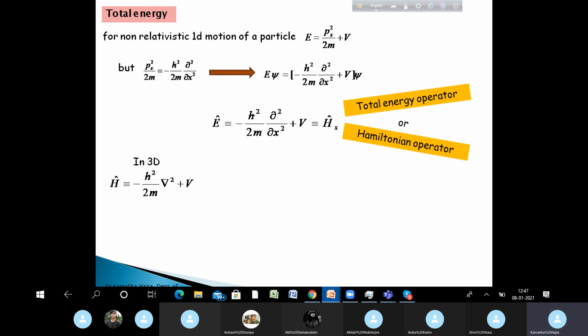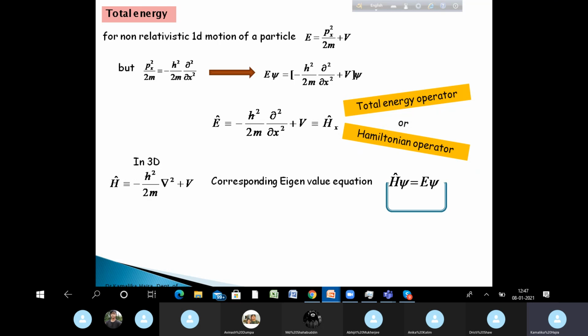So this is the Hamiltonian operator. In 3 dimensions, of course, H is this, that is, del 2 del x2 is replaced by the Laplacian operator. So the corresponding eigenvalue equation becomes H psi equal to E psi.